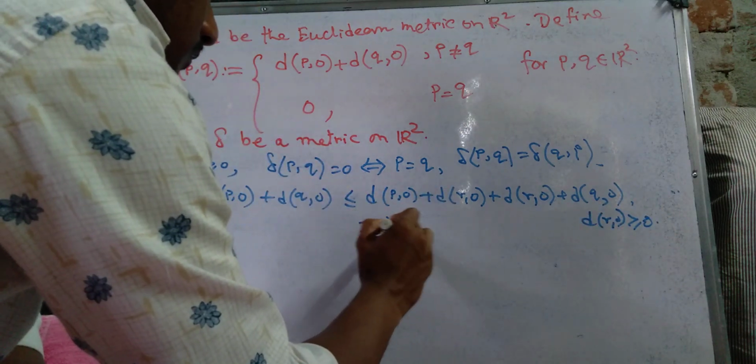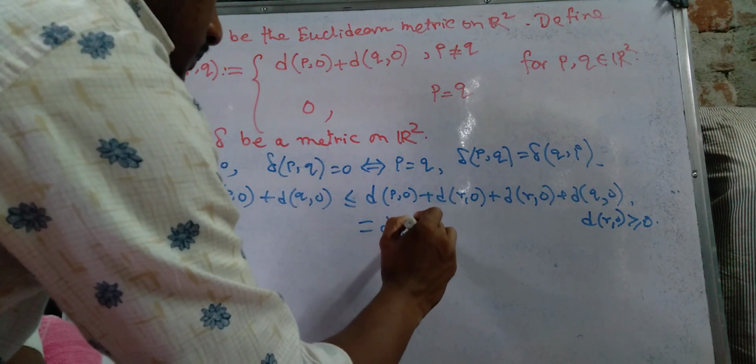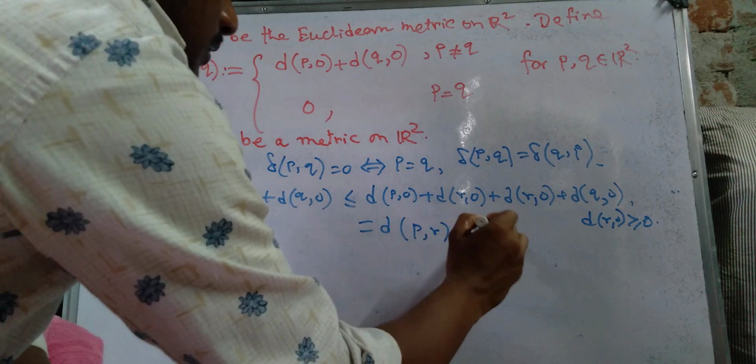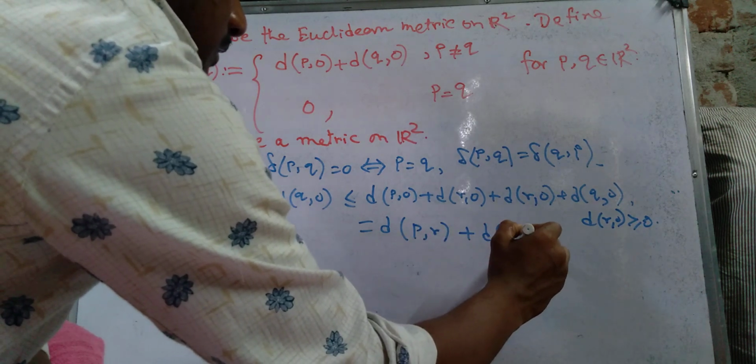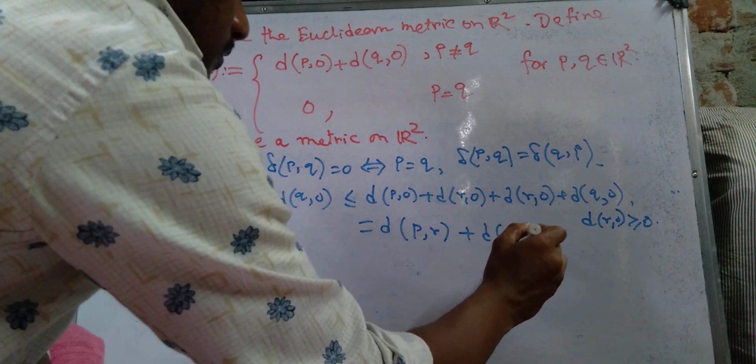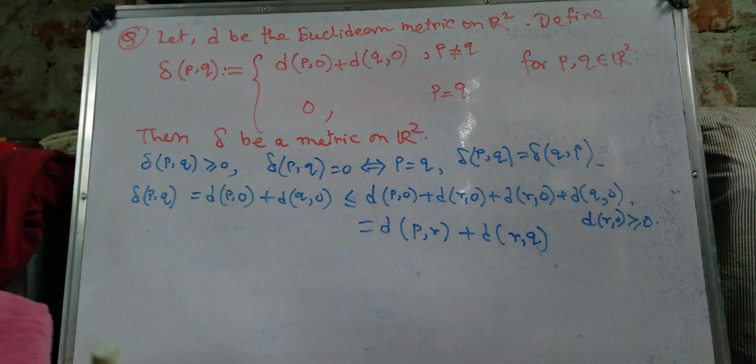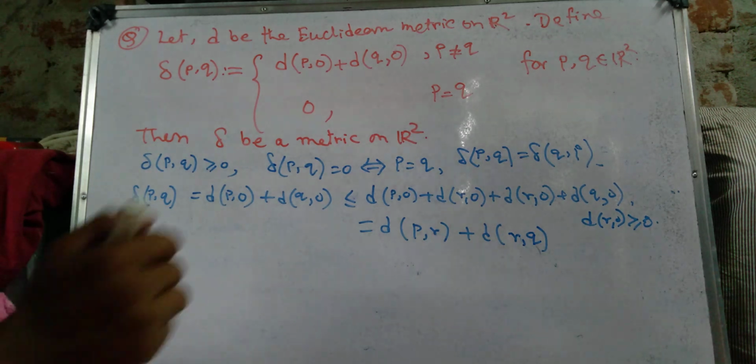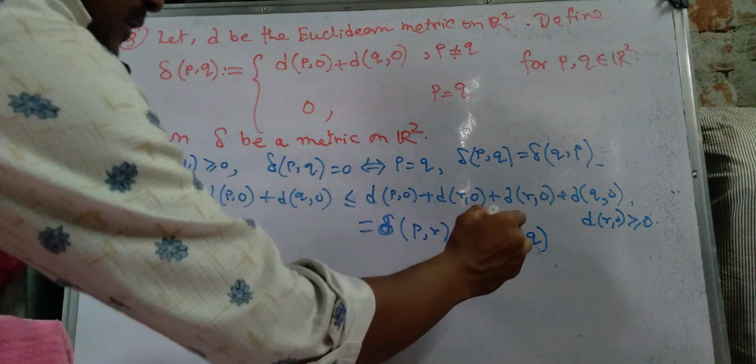This equals delta(p,r) plus delta(r,q). Sorry, not d, delta.